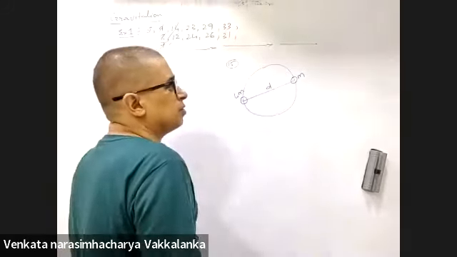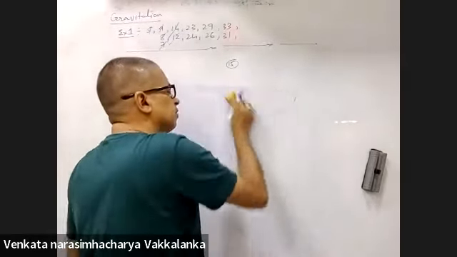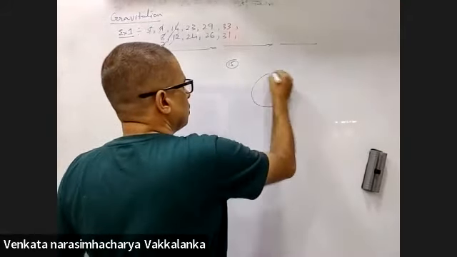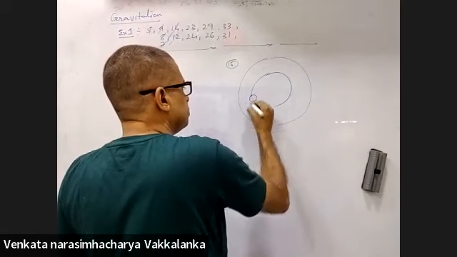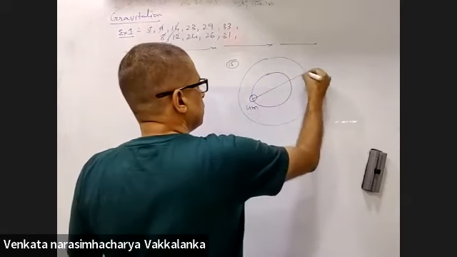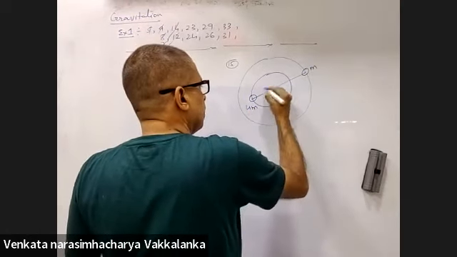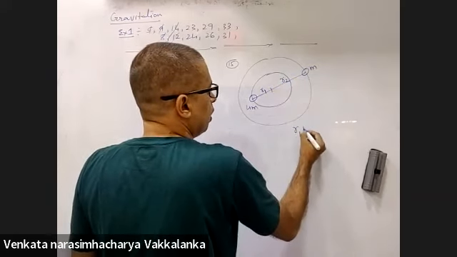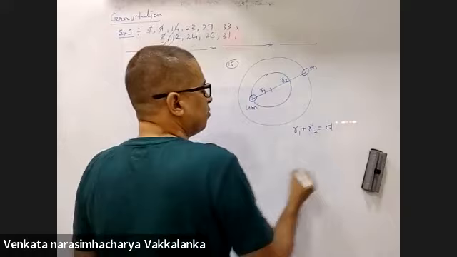What I drew first is right. This is 4m, this is m. I take this to be R1 and this to be R2. R1 plus R2 you have given is d.